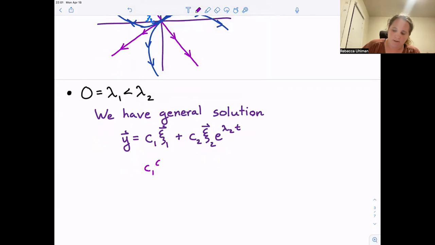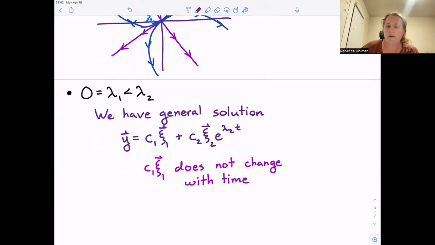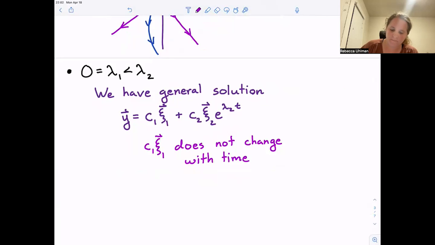So the C1 Xi1 does not change with time. And that means it does not go to infinity, nor does it go to 0. And so it does not head out or in as time passes.